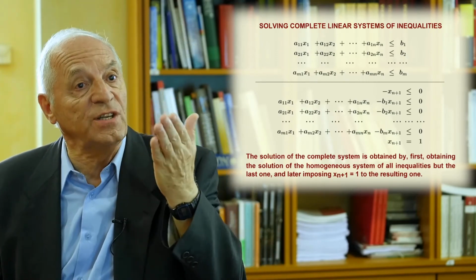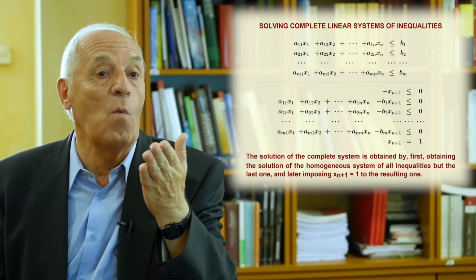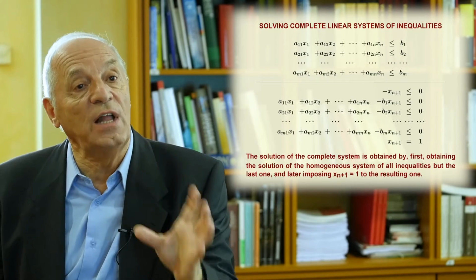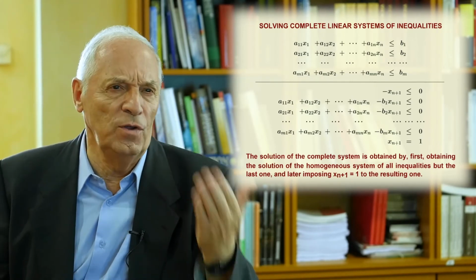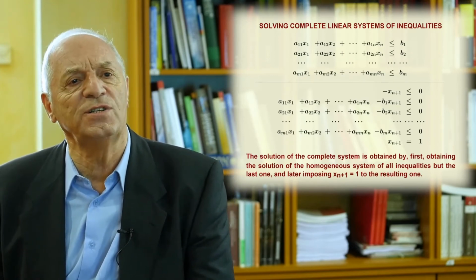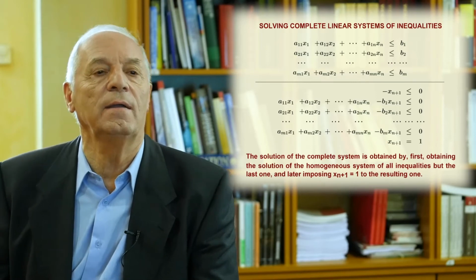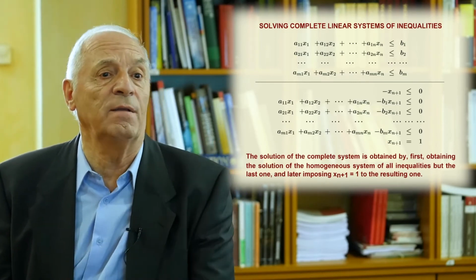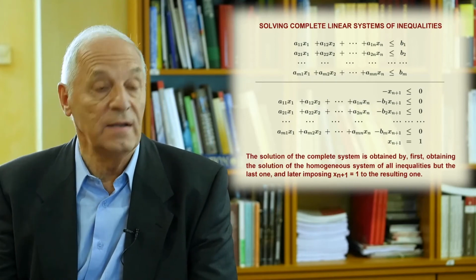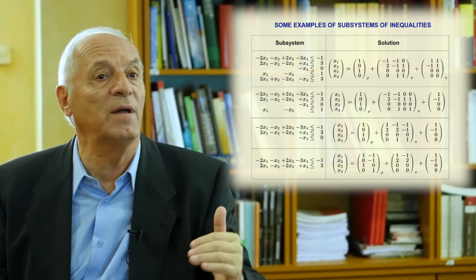But in order for that system to coincide with the one below, you need to add that xn plus 1 should be 1. So what you need to do to solve the system is, first, solve the homogeneous system, and then take only the solutions that satisfy the last equation, which is xn plus 1 equal to 1. And similarly, when you solve a system, you can solve different subsystems, but always in order.